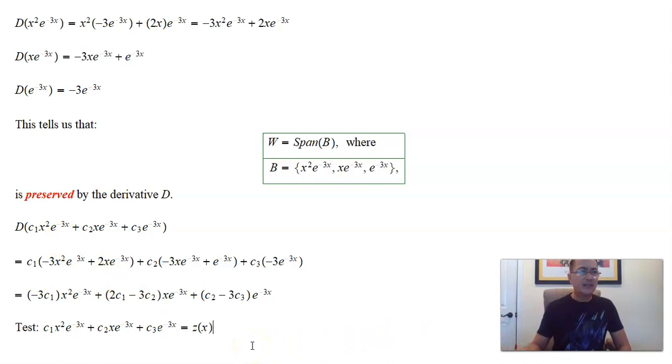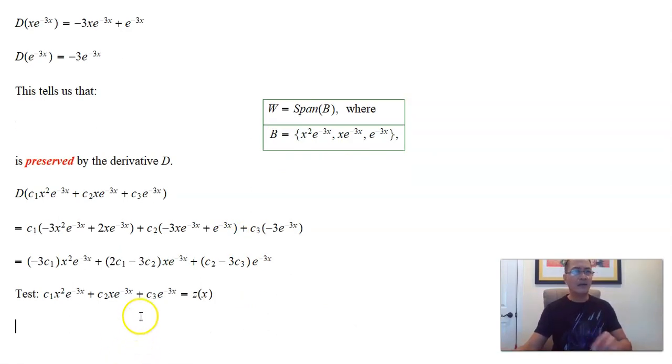But let's see. What do all of those terms have in common? They all have that e to the minus 3x, don't they? Let's factor it out. So what do you get? You get c1x squared plus c2x. Just the c2x, please.